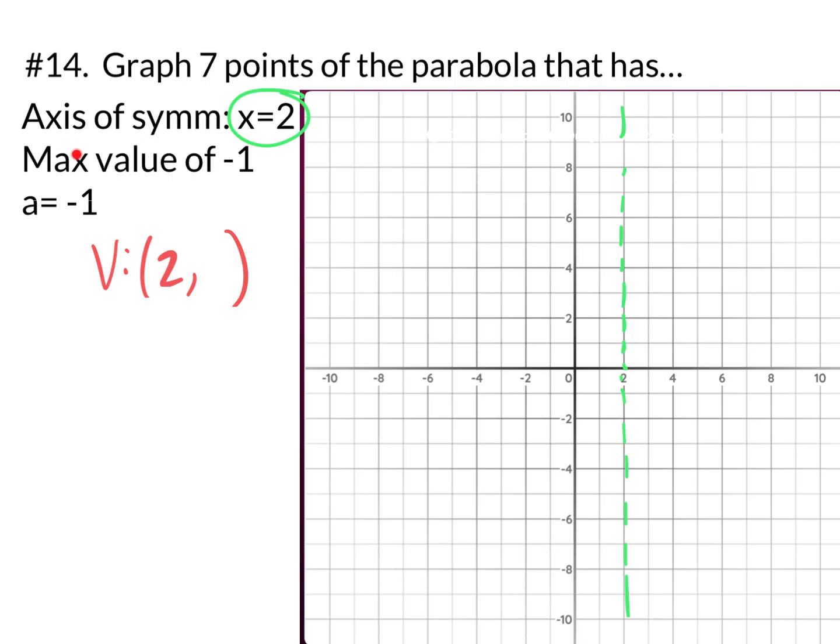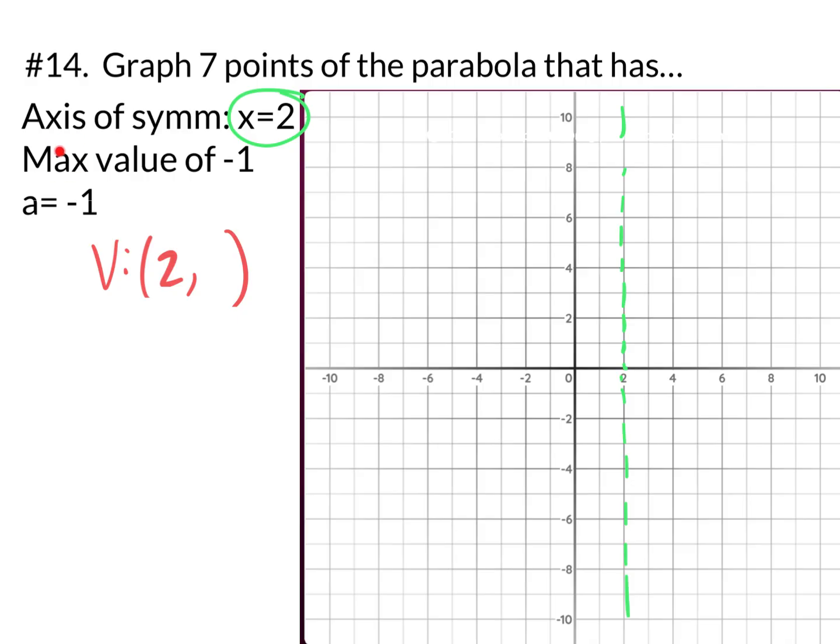Now, a max value, now we're talking about altitude, right? Like, let's say your parabola goes up, up, up, and it reaches 10, then it comes back down, it would have the max value of 10. Or let's say your parabola was opening up, and it goes down, down, down, and it reaches a minimum value of 2, then it goes back up. So the max and the min technically tells you if it's opening up or down, okay?